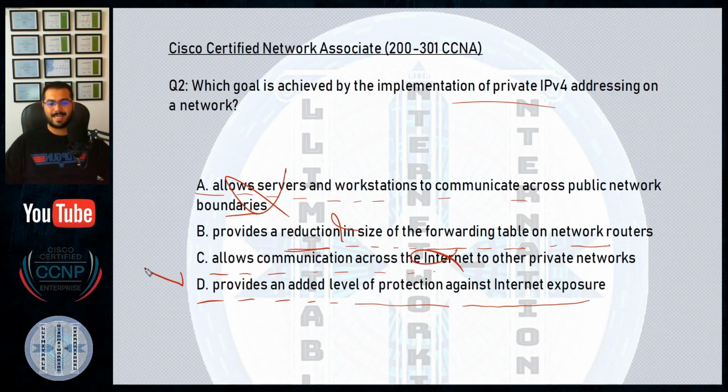Okay, and provides added level of protection against internet exposure. Is that correct? Yes. Imagine if you are using a public IP address on your end device, your personal computer, and that public IP address is traveling through the internet. There is a packet that carries your public IP address as the source, being carried in clear to all the people around the globe, a request or a file that you are sending, or traffic you are uploading or streaming.